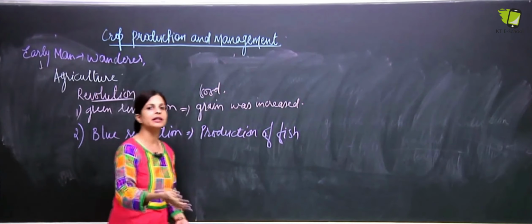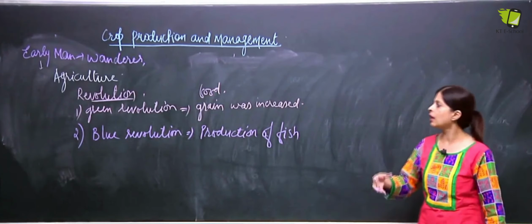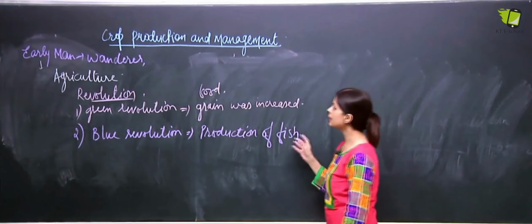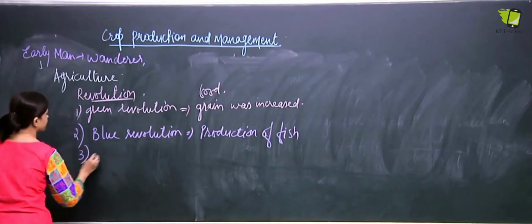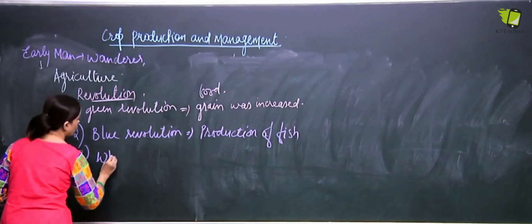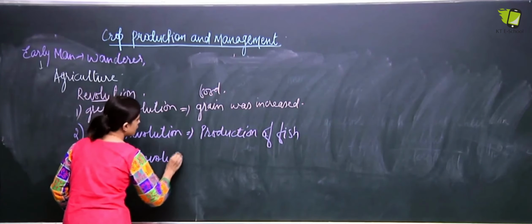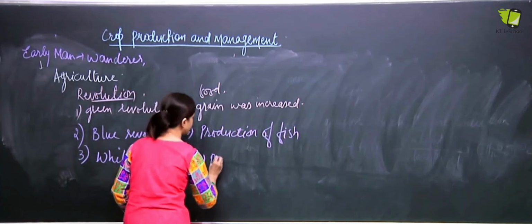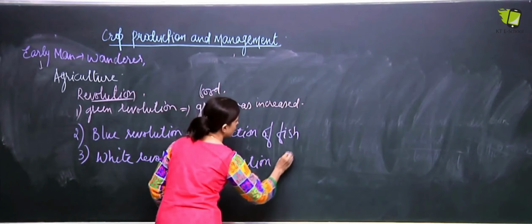New techniques, new experiments, new research programs were conducted on how the production of fishes can be increased. Now third is the white revolution. What is the meaning of white revolution? It deals with the production of milk.